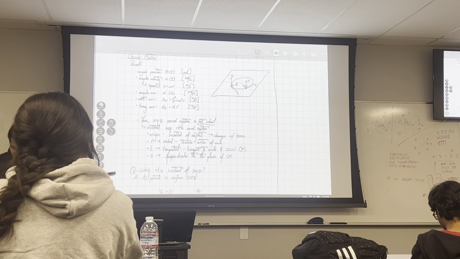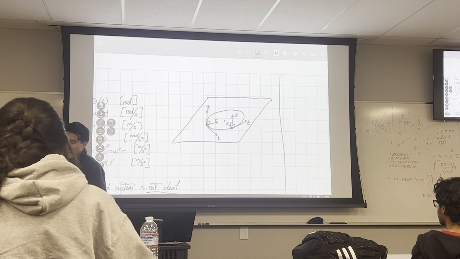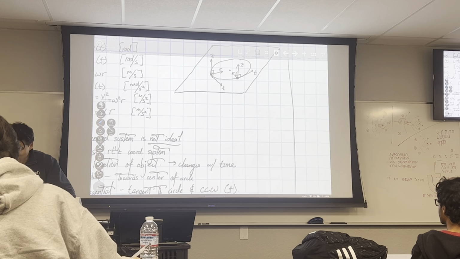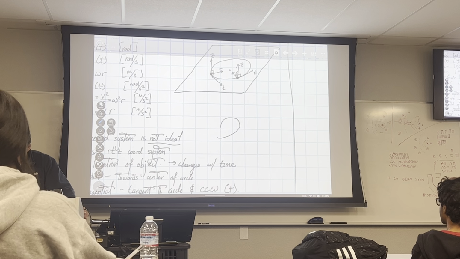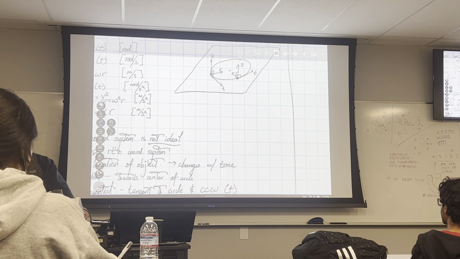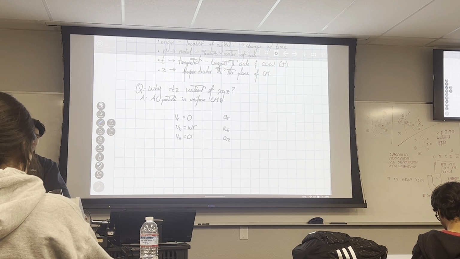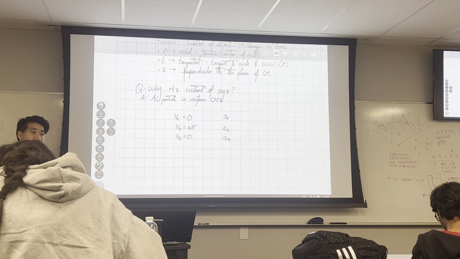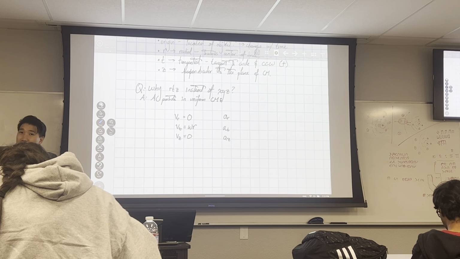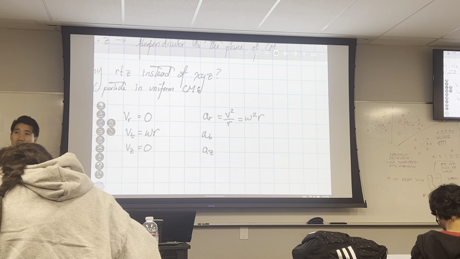In the z direction, is the particle moving above or beyond the plane? So if Vz was positive, then our object would form this nice helix. But is it doing that, or is it just moving in a circle? No, it's staying on the plane, so Vz is going to be equal to 0. The acceleration in the r direction, from our circular motion section, was v squared over r, or omega squared r.